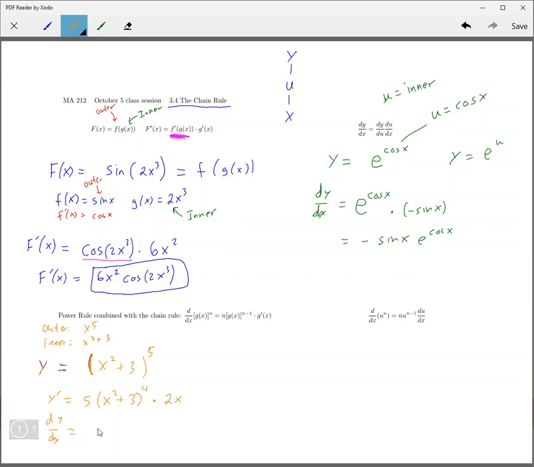The 5 and the 2 multiply to be 10, and then we rearrange it this way. That's the derivative there. So that's using the power rule combined with the chain rule. Okay, let's get into the exercises.